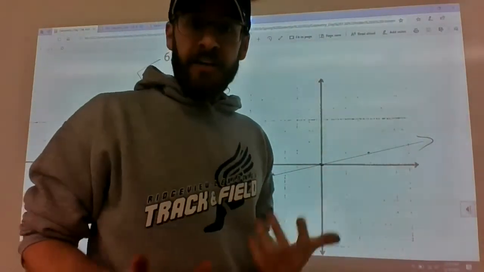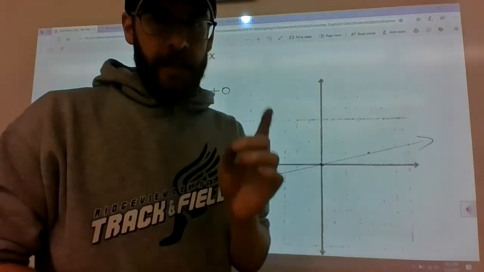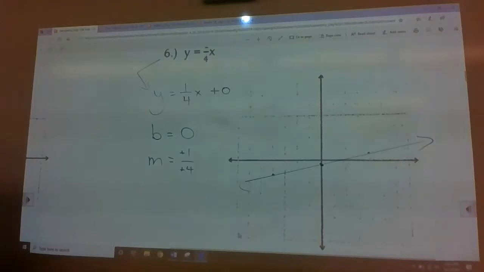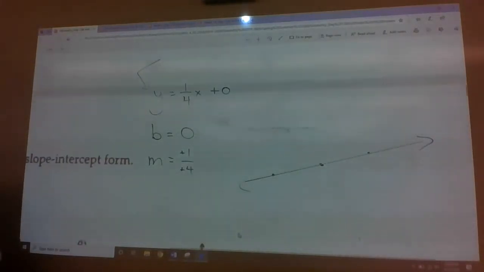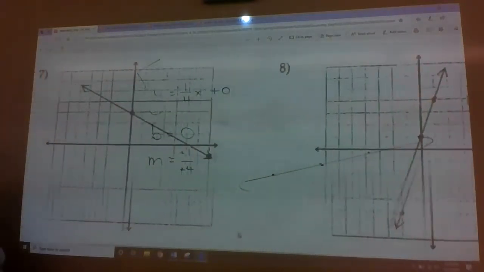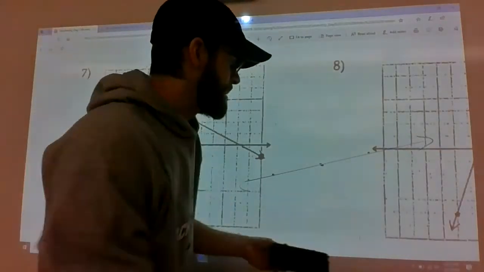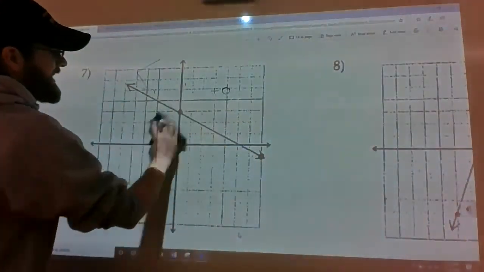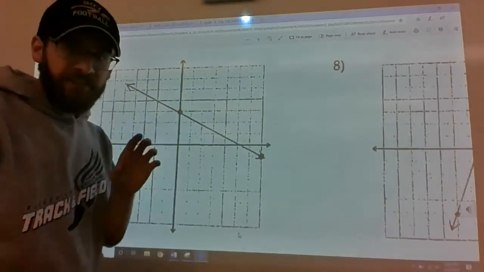Okay, that covers how to graph a line given in equation form. Now, sorry, that was a little slow. What do we do if we're given the line itself and the instructions?